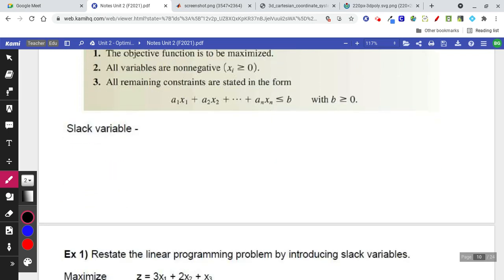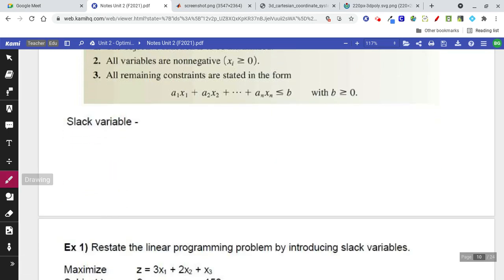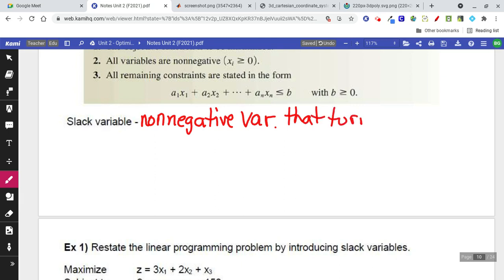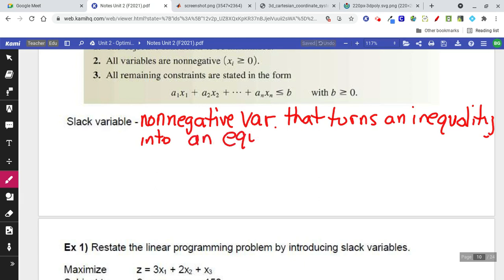So we've got this idea of a slack variable. A slack variable is a non-negative variable, I'm going to abbreviate that, that turns an inequality into an equation.